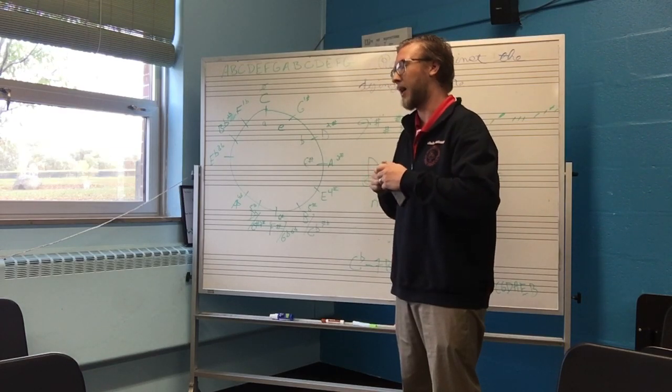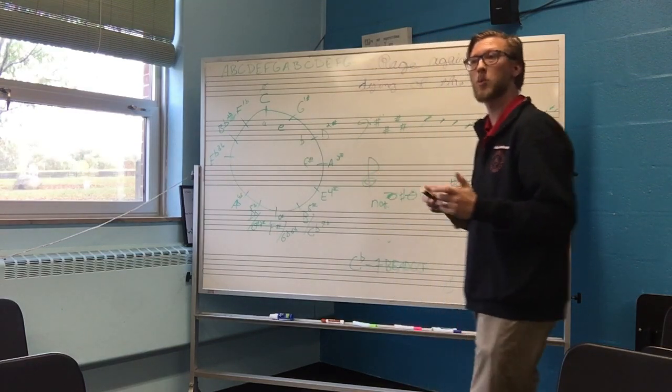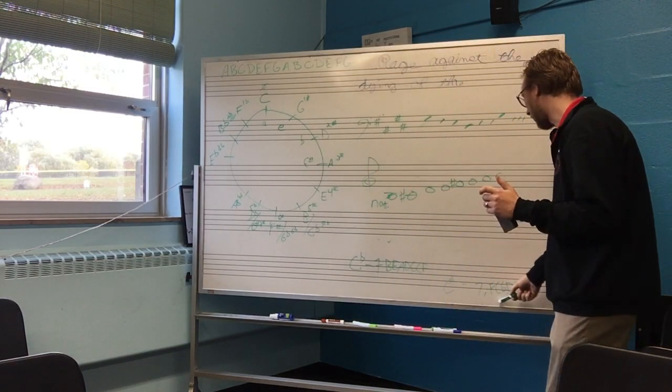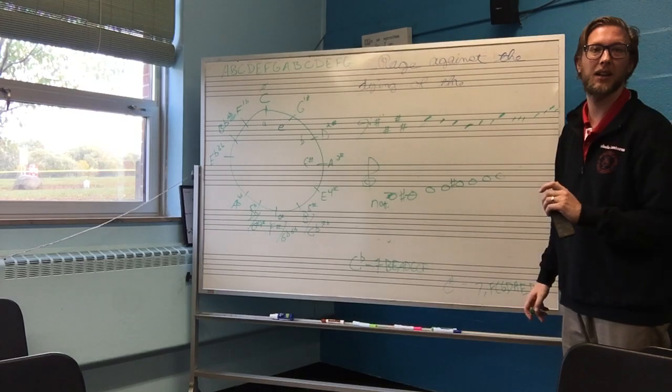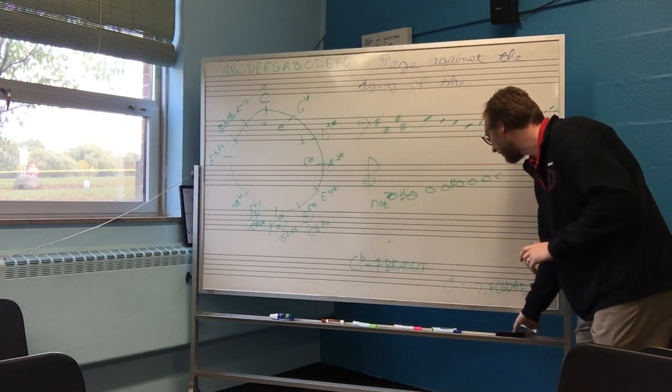I don't know how far in depth I really want to go anymore. I just wonder if we could come up with a sweet acronym for the order of sharps. F C D A E B. Come up with a sweet acronym.